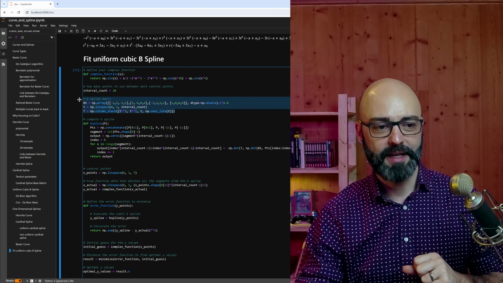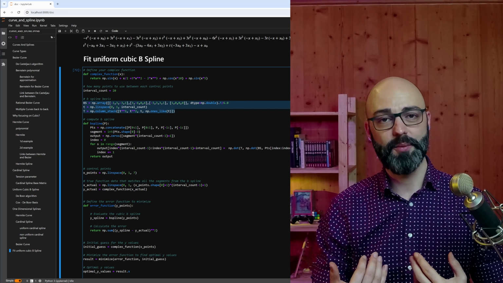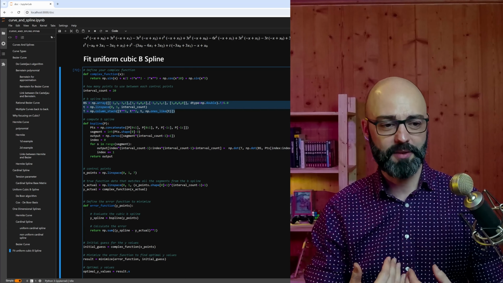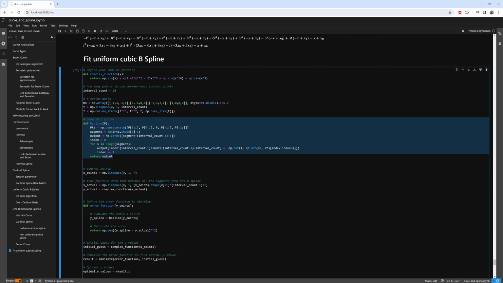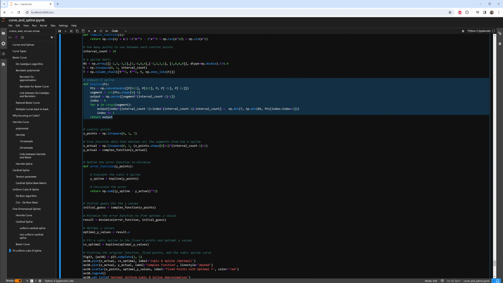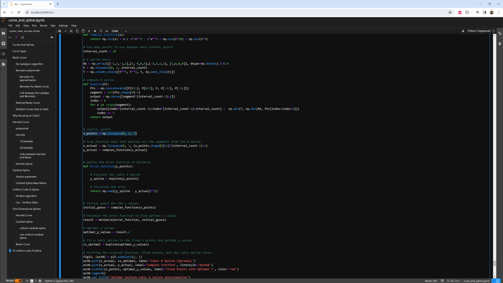I get my B-spline basis, so again, I'm using the formula for the matrix for the B-spline. I have my function to compute my B-spline, and a bunch of points, which is how many points I want to use on my B-spline. I said I want to use 7 points. And finally, I get the real value of my function.